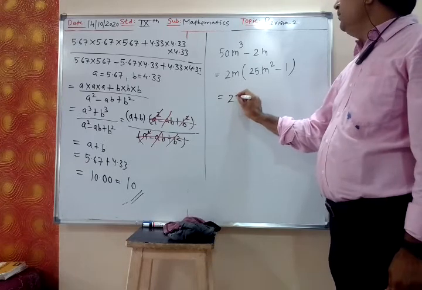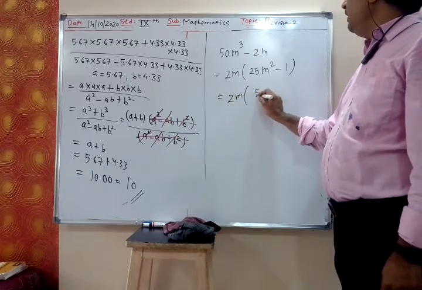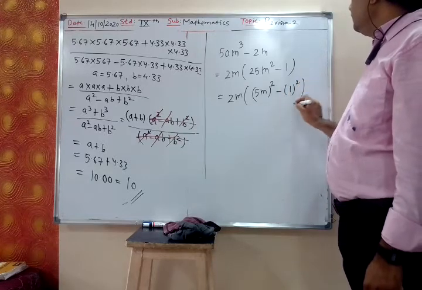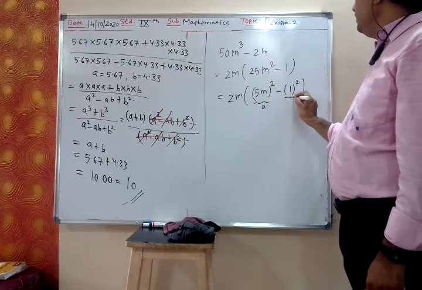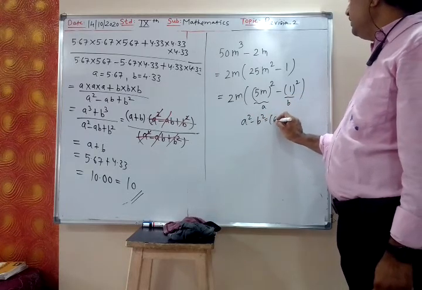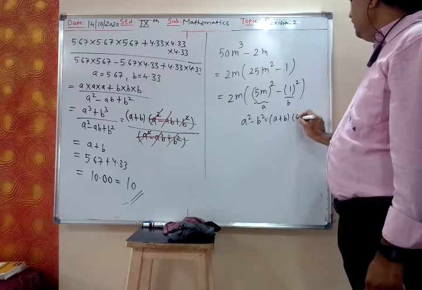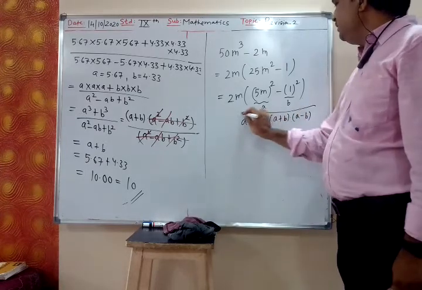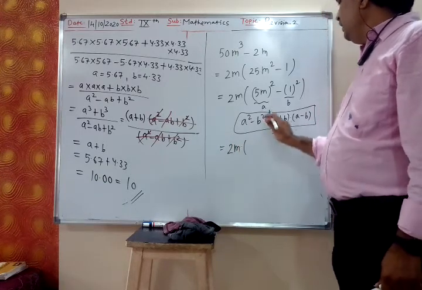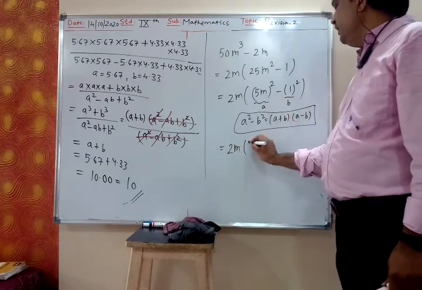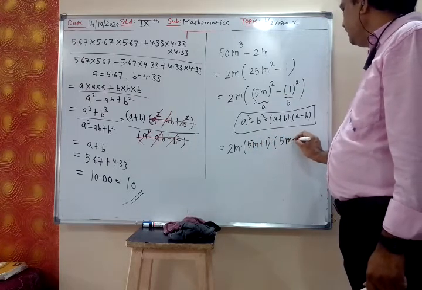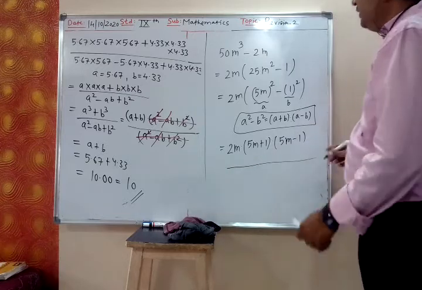So this is 2m. 25 m square I can write as 5m whole square. 1 I can write as 1 square. So now this is my A, this is my B. Use the formula A square minus B square. A square minus B square is A plus B into A minus B. So this will be 2m into 5m plus 1 into 5m minus 1. And this is the answer.